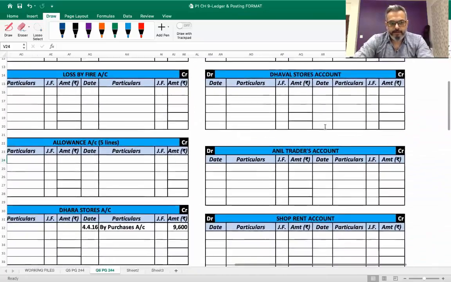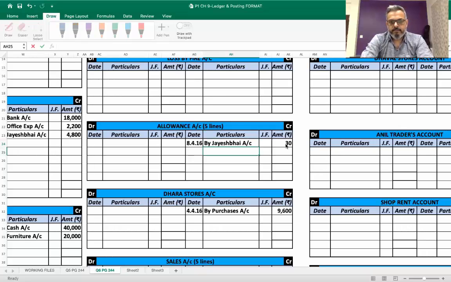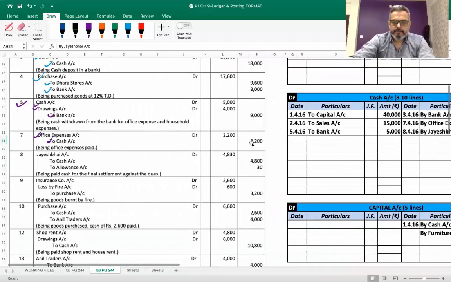So locate allowance account. Allowance account credit 30 rupees. 8/4/16 by Jayesh account. Check the effects.